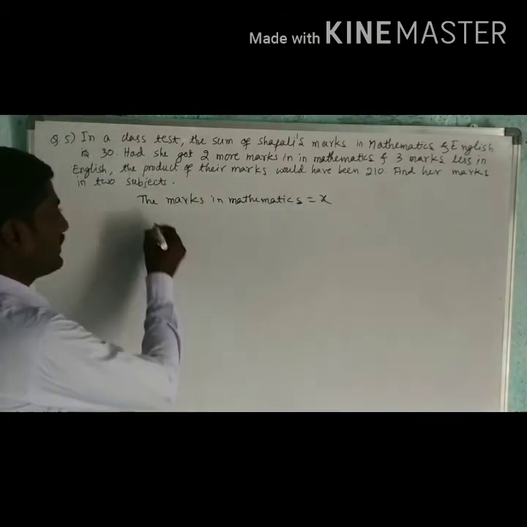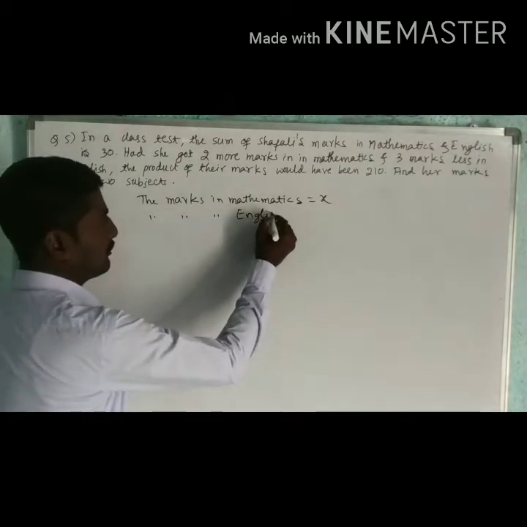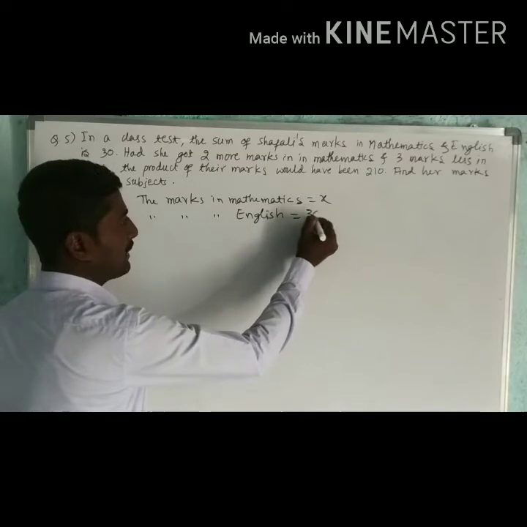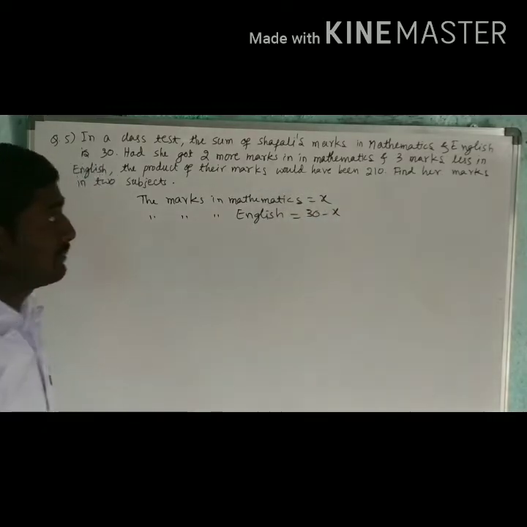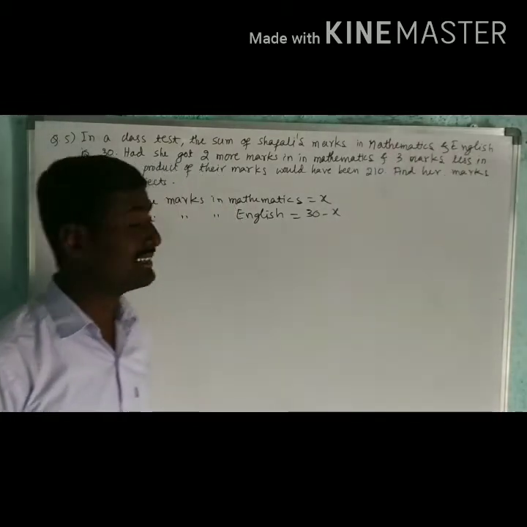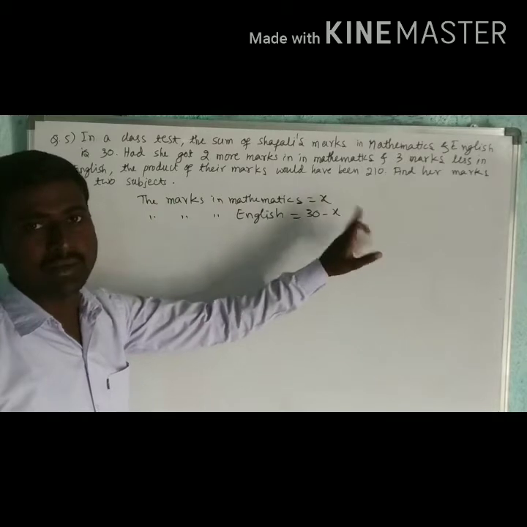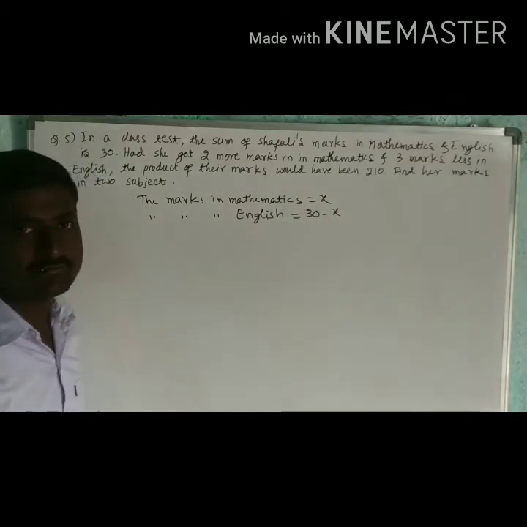Then what will be the marks in English? It will be 30 minus x, because the sum of marks in mathematics and English is 30. So mathematics is taken as x, so the remaining will be 30 minus x. That is the marks in English.